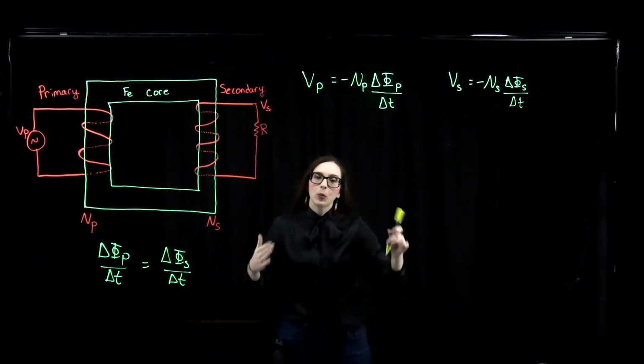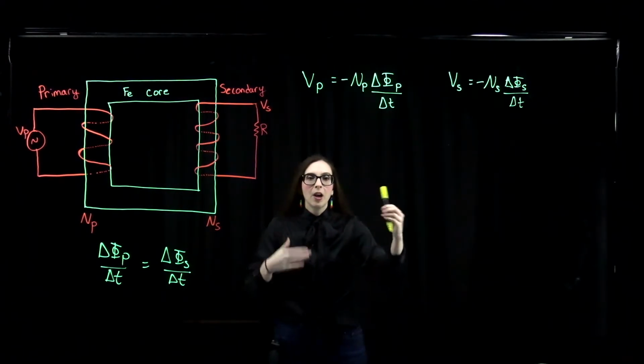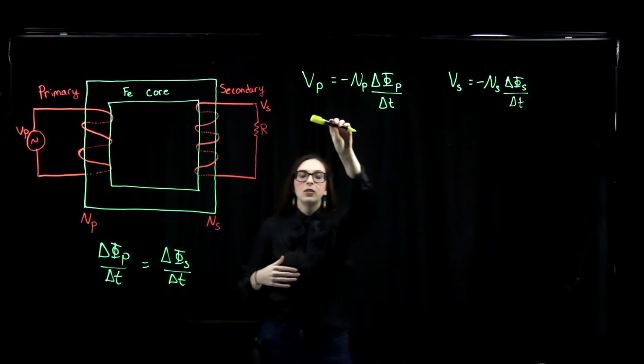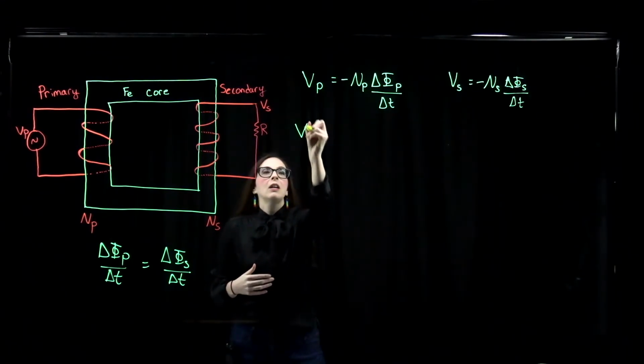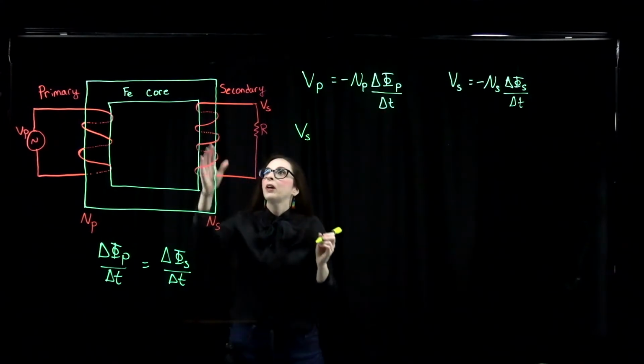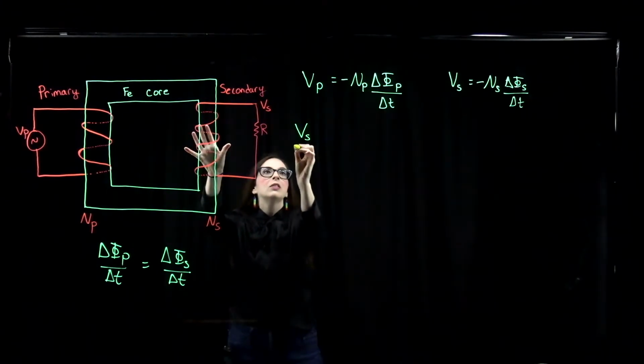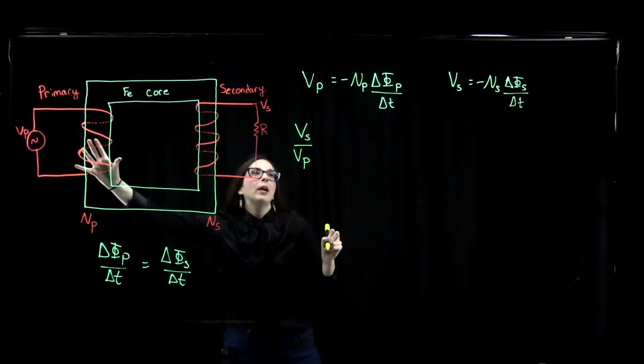Let's see what happens when I take the ratio of Vs to Vp. I'm going to take the voltage output from my secondary coil divided by the voltage input from my primary coil.